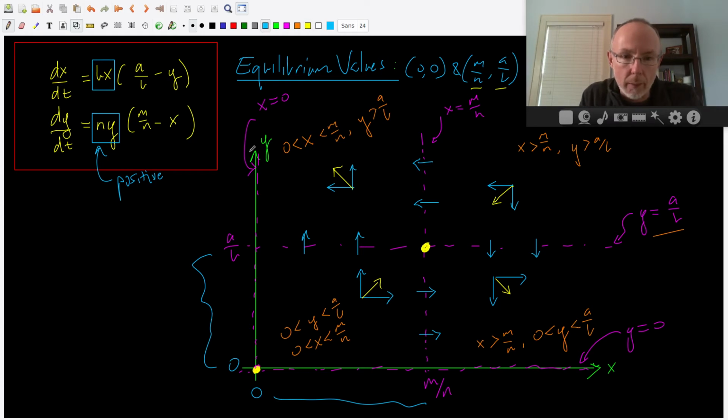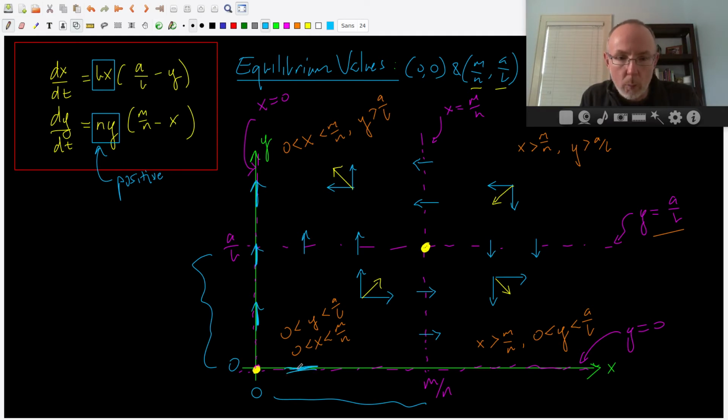There are two other lines I could draw. When x is equal to 0, that's this line. When x is equal to 0, x doesn't change, but y does. So along this line, we're either going straight up or straight down. In this case, x is 0, and going to this tells me that y is increasing, so we're heading up.